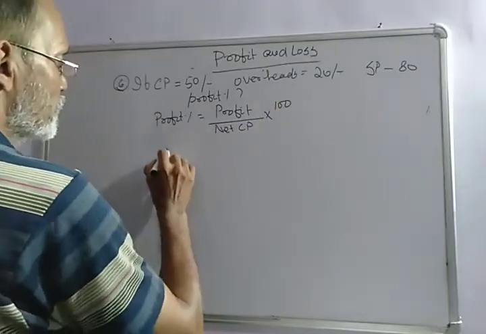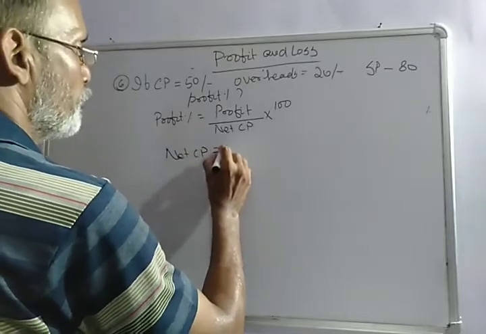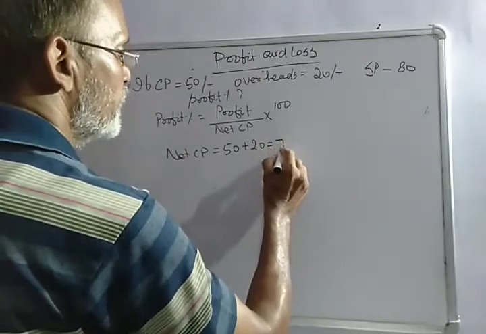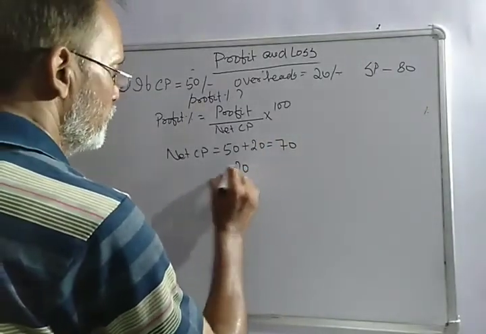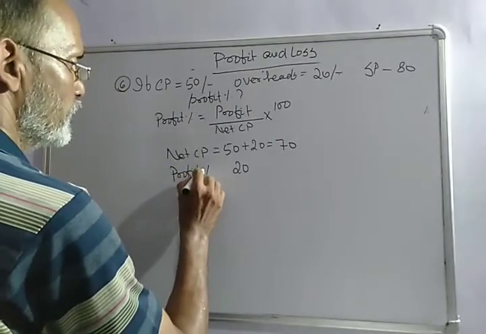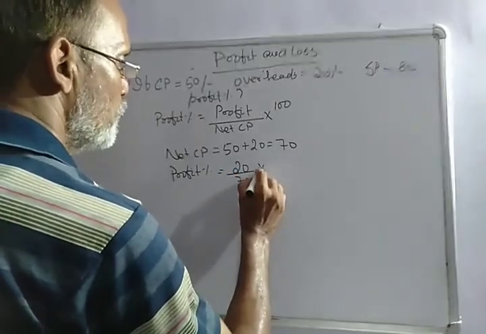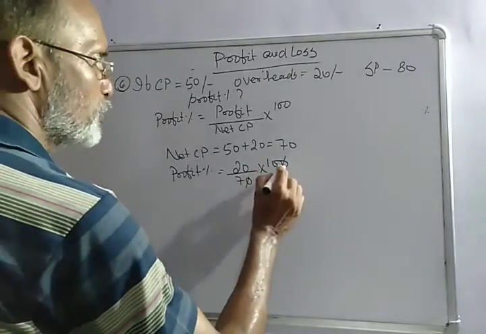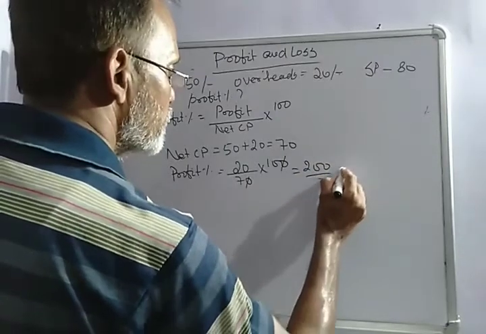Net cost price is equal to 50 plus 20 is equal to 70. So profit is equal to 20, and profit percent is equal to 20 by 70 into 100. So that is equal to 200 by 7%.